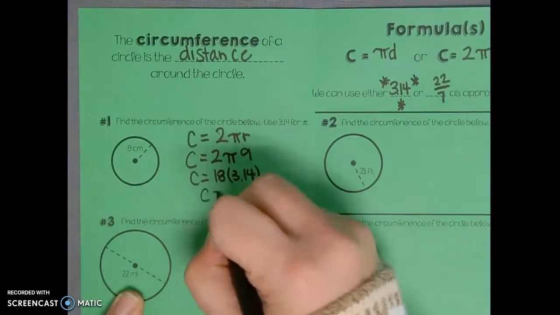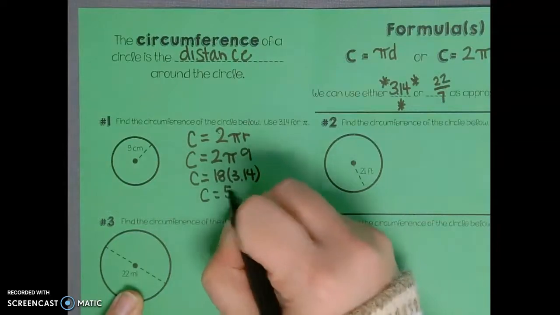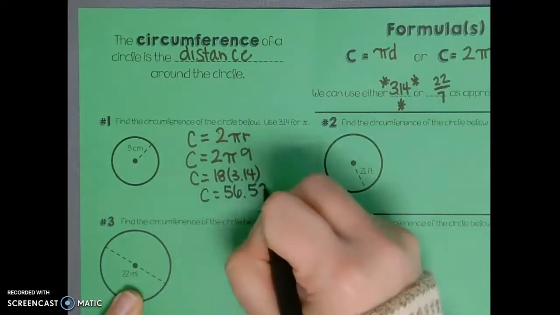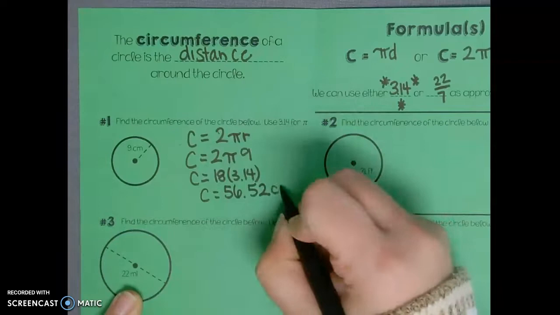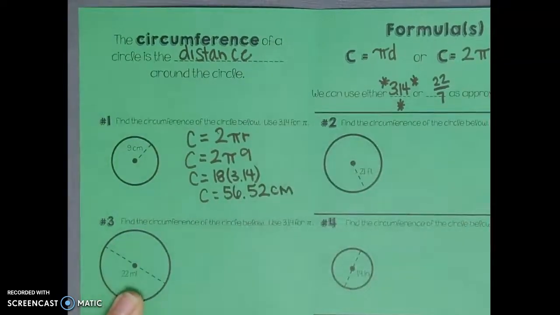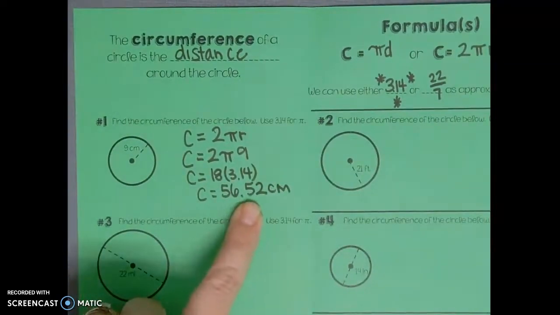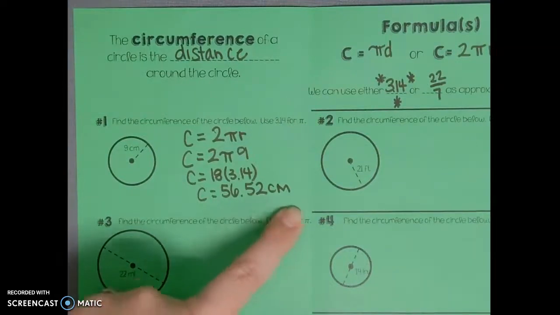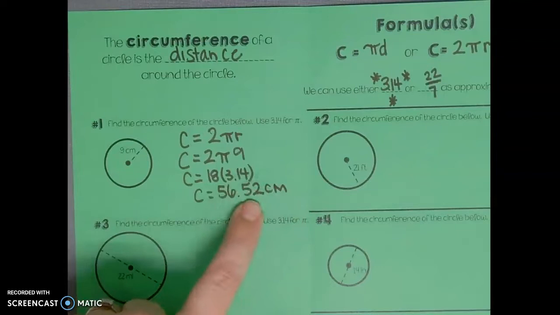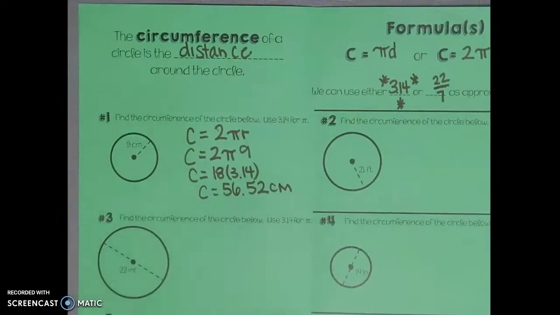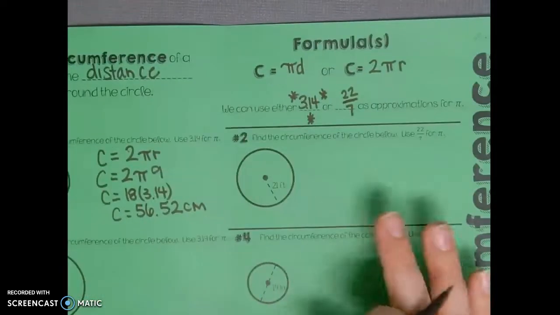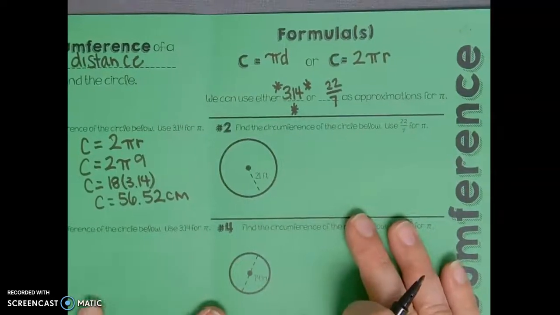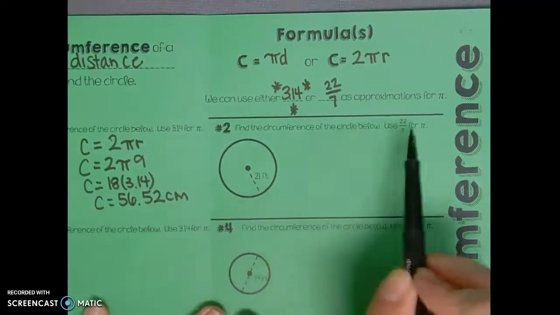And that's going to give me a circumference of 56 and 52/100 centimeters. Okay, when we have a decimal, we're only going to go to 2 places after the decimal. So if at some point we have to round, I'm only going to require you to have 2 places after that decimal.